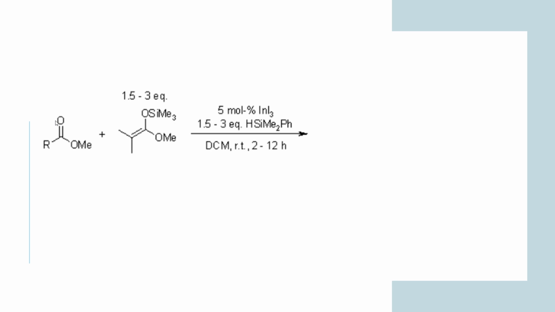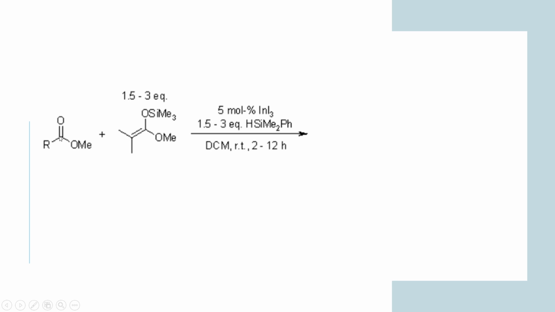Okay, so in the final step, in this reaction, since you have a good leaving group here, elimination of methoxide will be preferred rather than the protonation of the oxyanion. Okay, because we are not keeping any proton source here, we are using DCM solvent, and also you have a good leaving group attached to the carbonyl carbon.